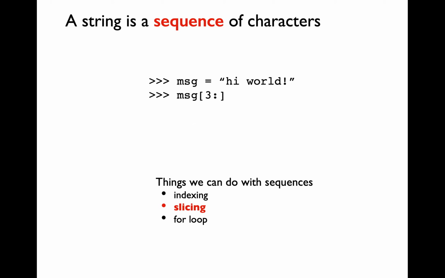What does slicing enable us to do? Slicing enables us to retrieve a set of items within the sequence. In case of a string, we are going to be able to get few characters out of the string sequence when we perform slicing. The syntax for slicing is very similar to indexing. Within the square brackets, you'll be mentioning start of a slice, then colon, then end of a slice.